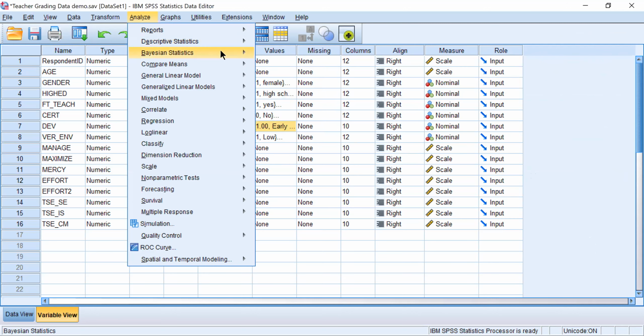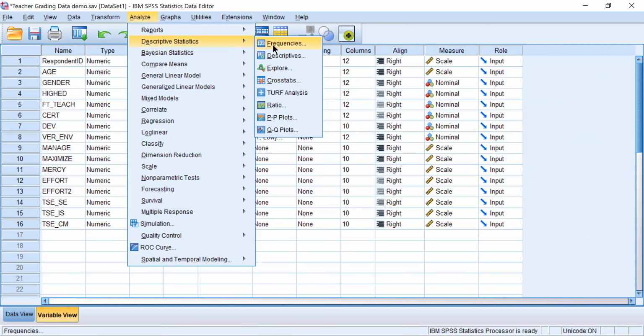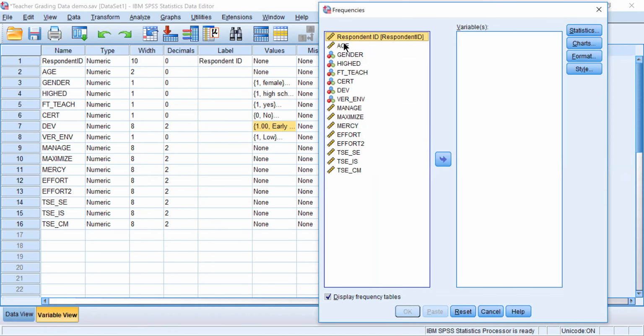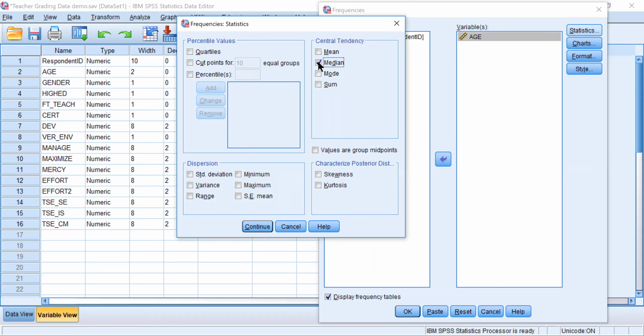of the options under frequencies. So if you're using frequencies to obtain descriptive statistics on, for instance, age, then you go into the statistics options. And here you'll see that median is a choice.